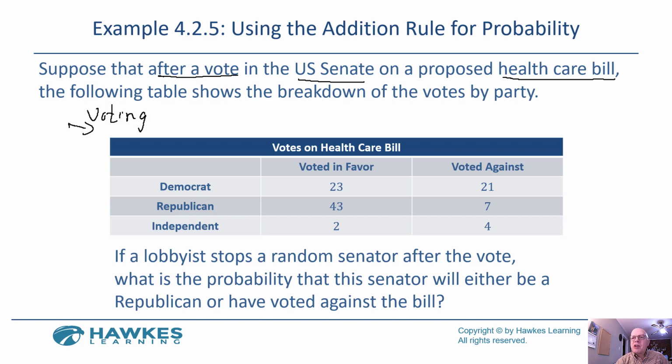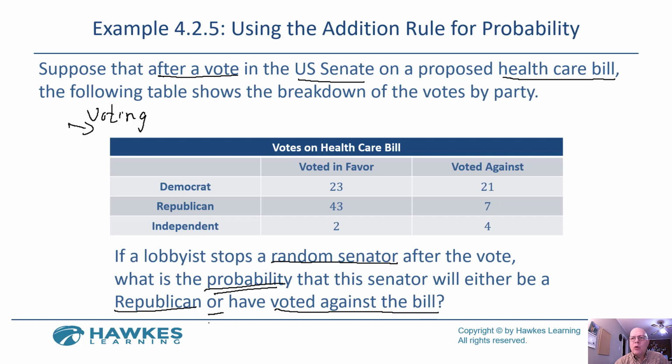If a lobbyist stops a random senator, just like our random selection of a property in the 2 slides before, we're going to pick a random senator after the vote. What's the probability that this senator will either be a Republican or voted against the bill?